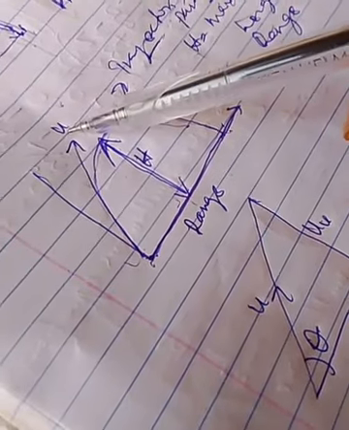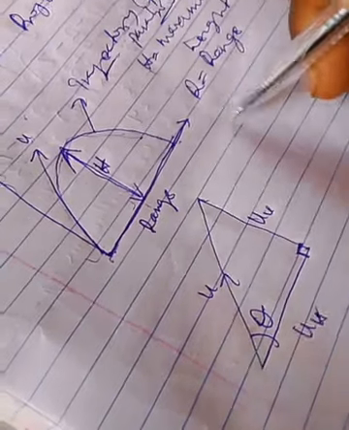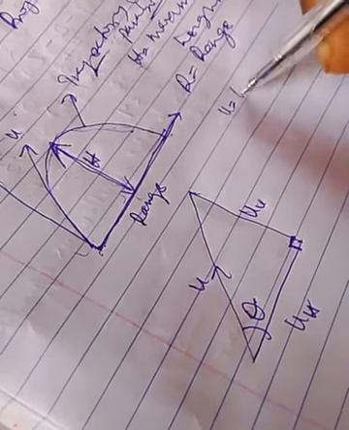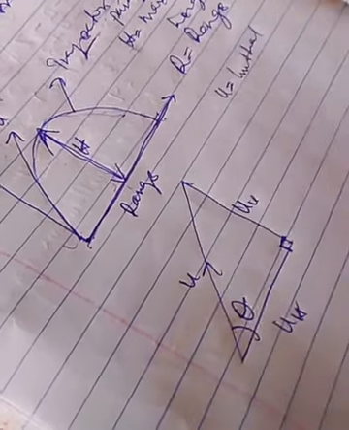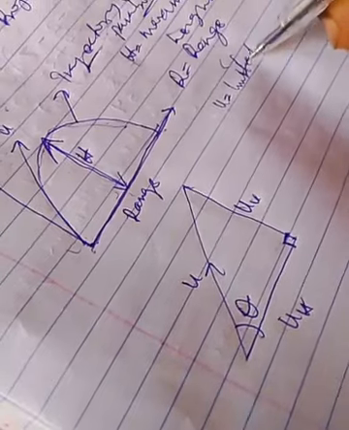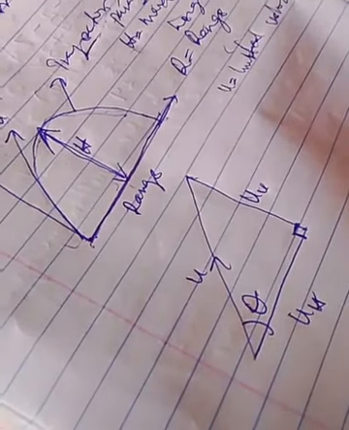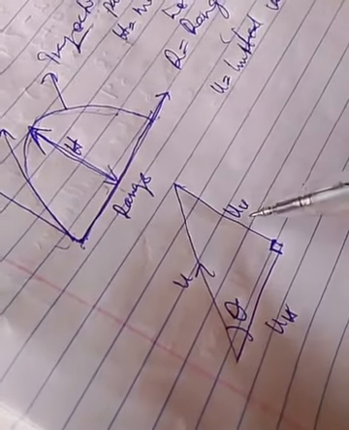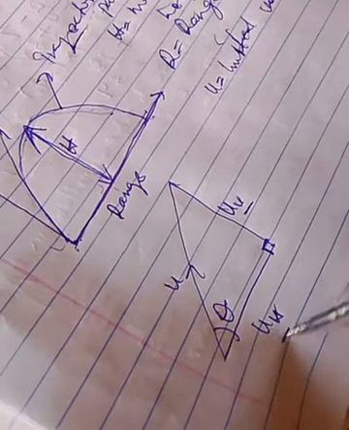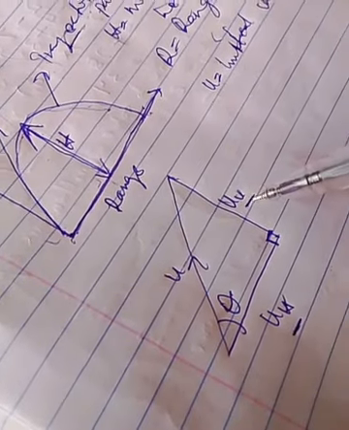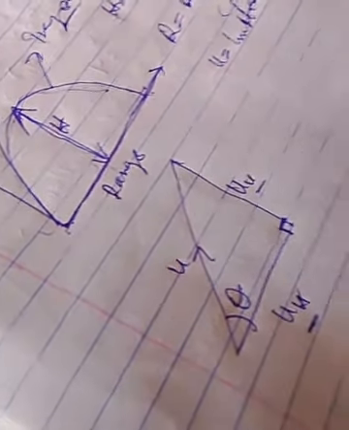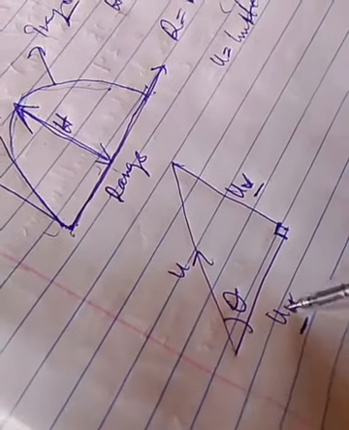Now we have u, which is the initial velocity, because u is always the initial velocity. Now we can find uv, the initial velocity of the vertical, and uh, the initial velocity of the horizontal.